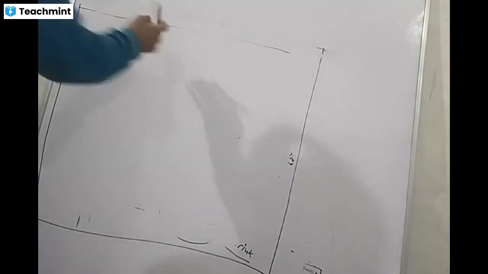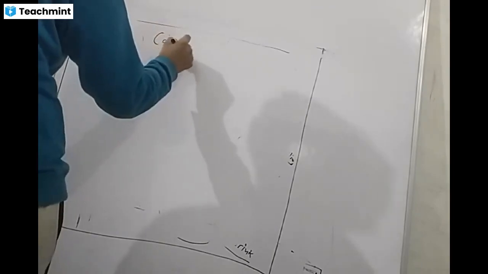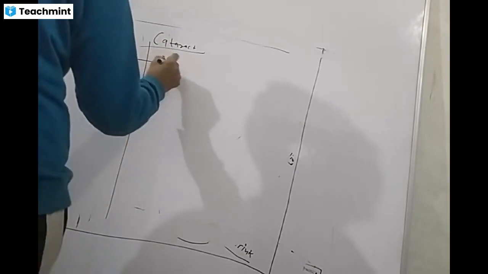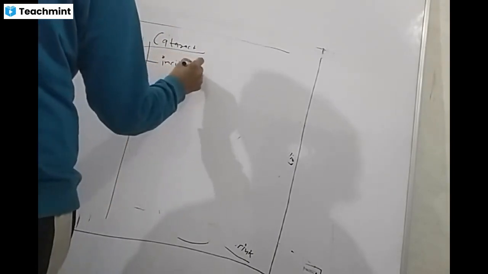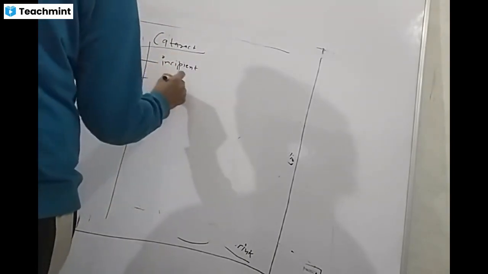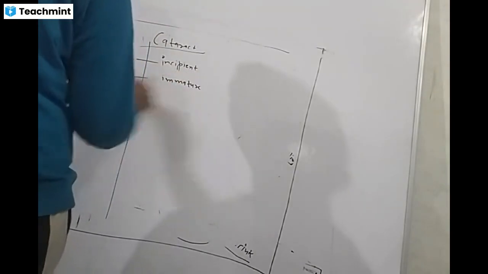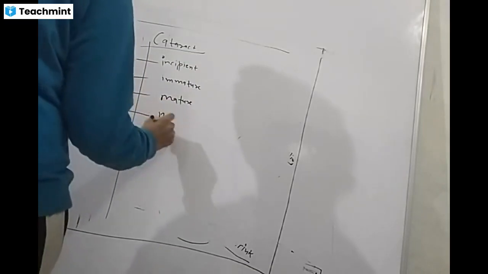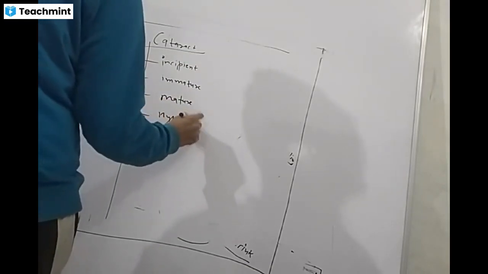So till now, what we have seen are the cataract stages. First was incipient, second immature, third mature, fourth hypermature.